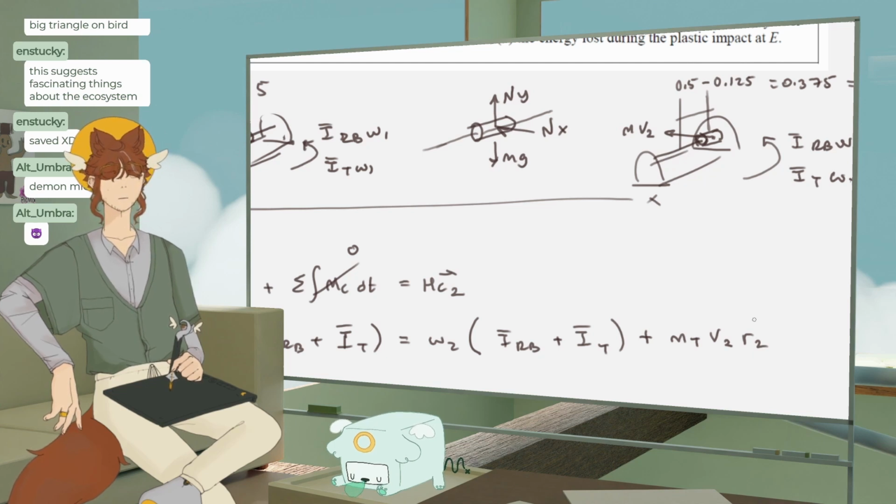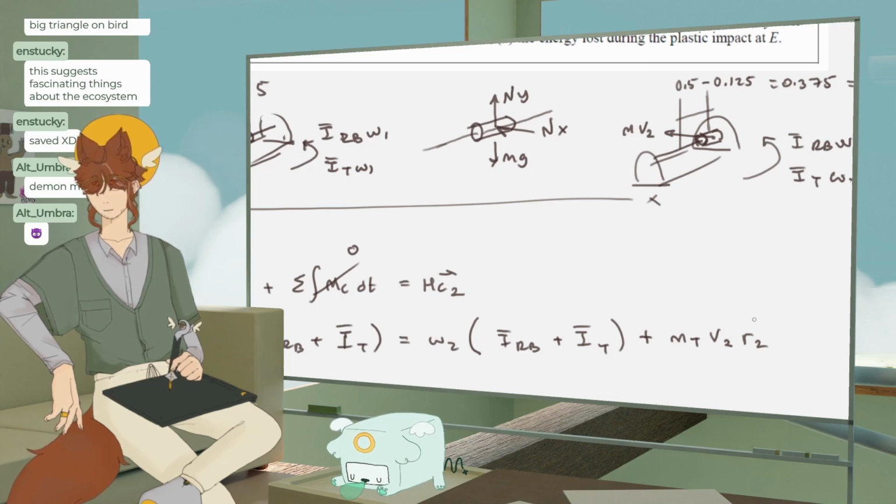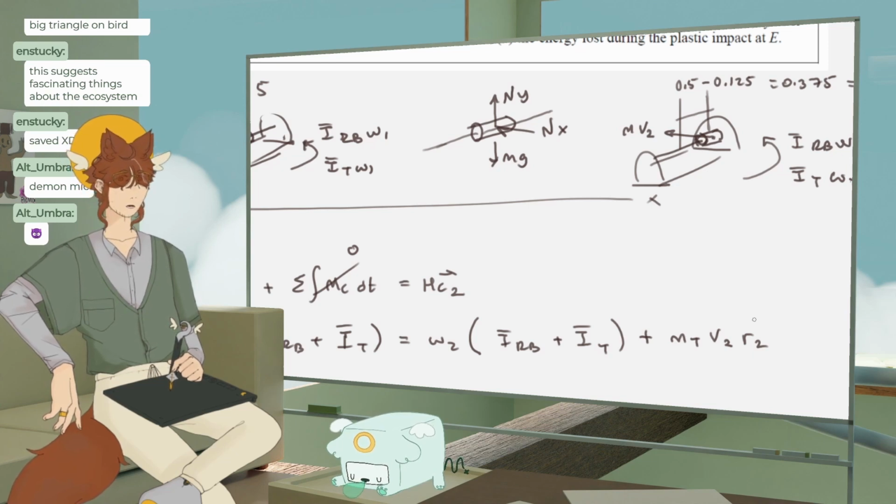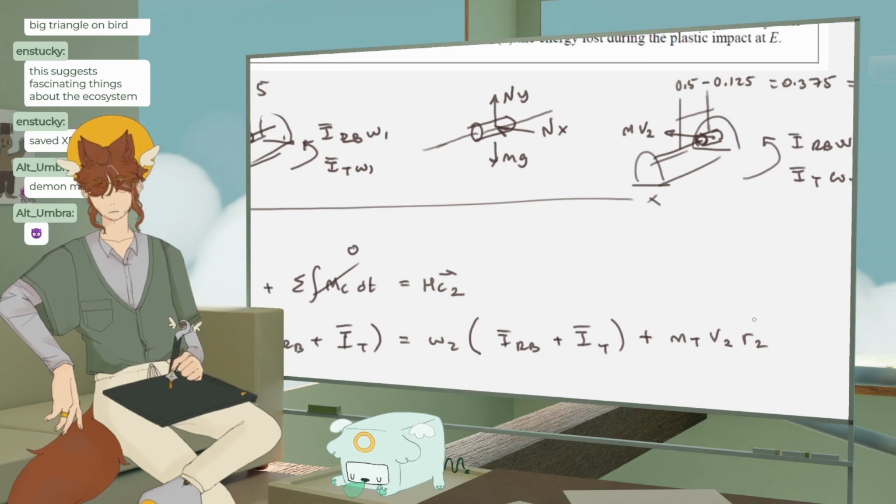Oh, also it's gonna be V2, omega 2 over R2, I think, so it's just gonna be omega. Kinda funny. And then we know omega 1. And we know all the I bars.